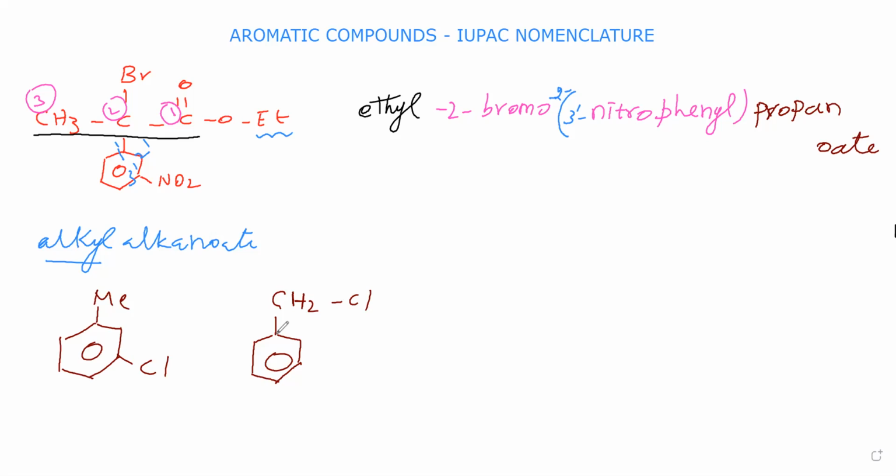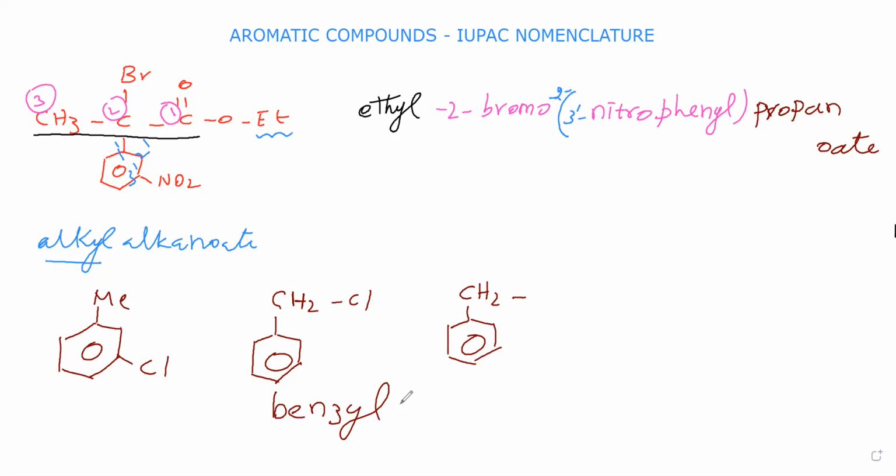For that case, a special name is there. What is that? We will see. The CH2 group having the phenyl ring, for this complete together, this C6H5CH2, we are calling as benzyl.